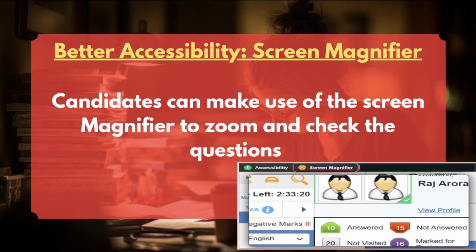So now authorities have introduced a screen magnifier, which can be used for multiple purposes along with zooming the questions and other aspects during the exam, including the time and everything. All these are added in the notification. Candidates can go through the official information brochure of JEE Main 2026 to check all the details related to the latest update.